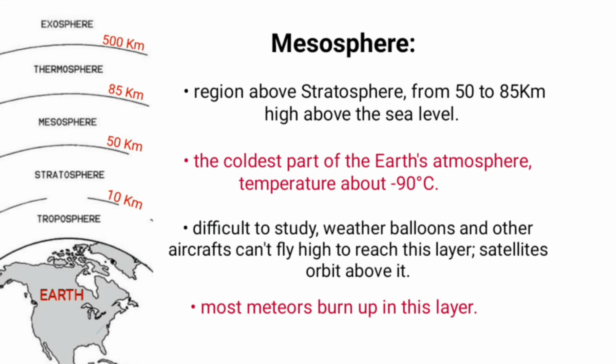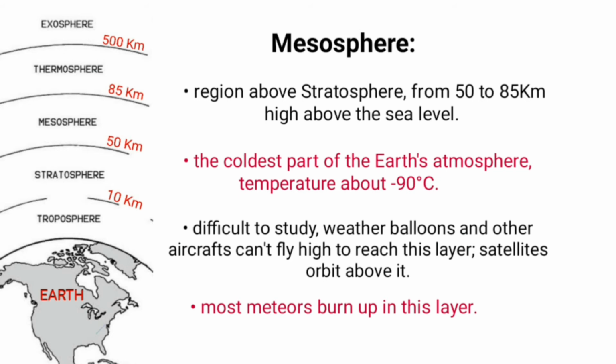Mesosphere. This region is above stratosphere. As you can see in the picture, this layer is from 50 to 85 kilometers high above the sea level. This is the coldest part of the Earth's atmosphere and its temperature is about minus 90 degrees Celsius.